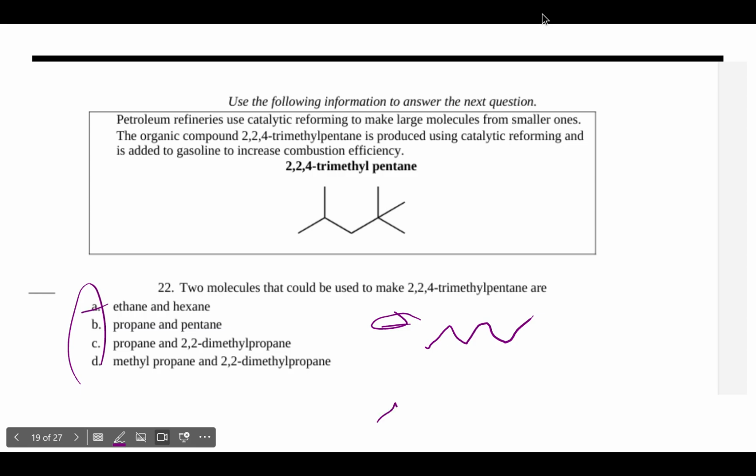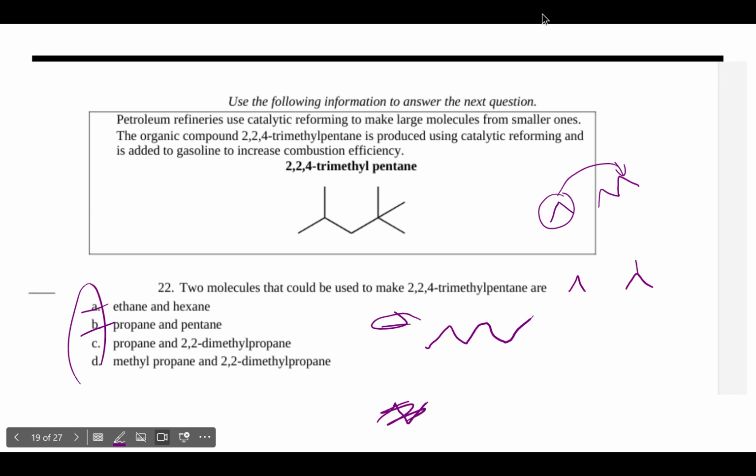Propane would be 1, 2, 3. And then pentane, 1, 2, 3, 4, 5. Same idea. I want to place this somewhere. I'll try over here, but it's not going to be the same thing. So it's not B. Try propane again with 2,2-dimethyl propane, which would be this.